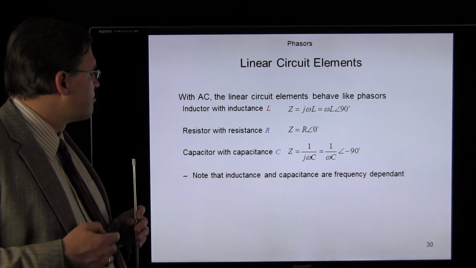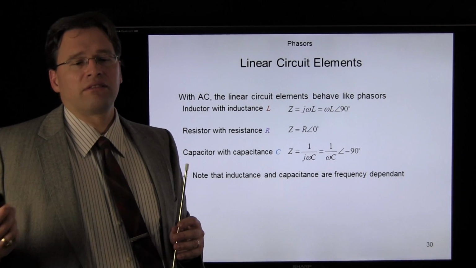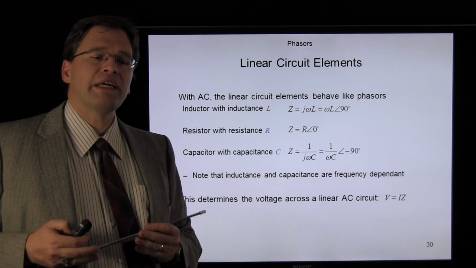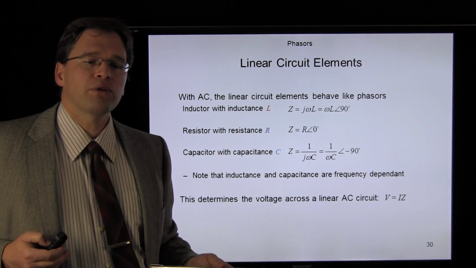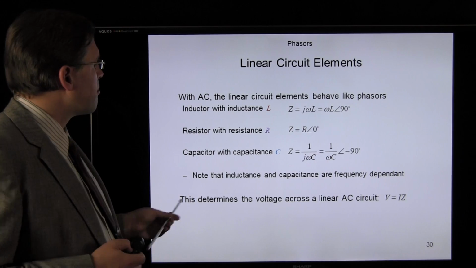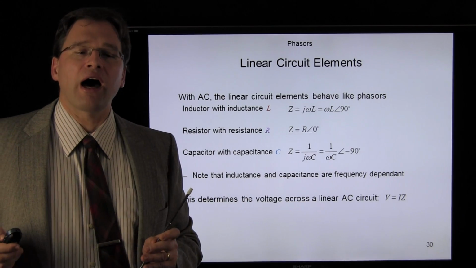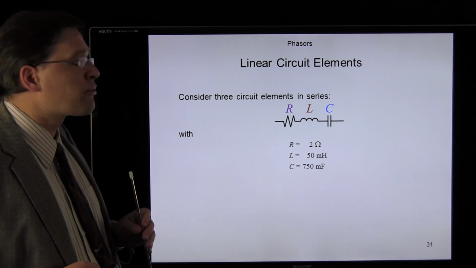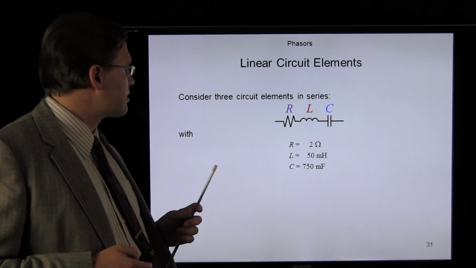So again, capacitance and inductance are frequency dependent. Now we can use this to determine the voltage across a linear circuit by using the formula V is equal to IZ.